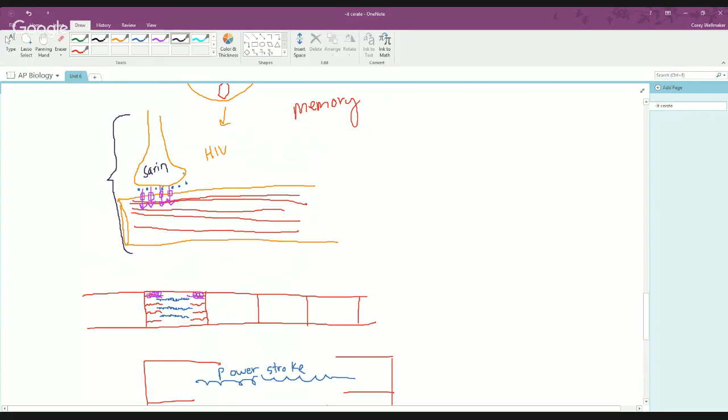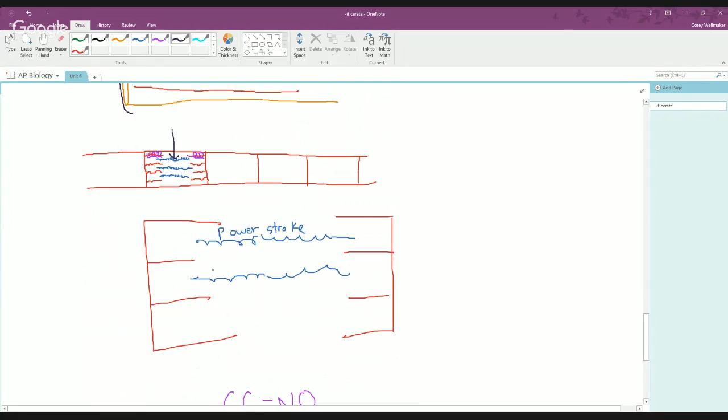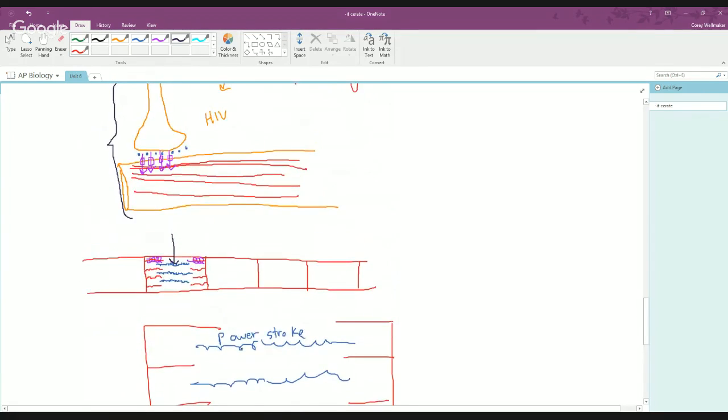It also relates to what we've been talking about just in general in this class, because this is looking at protein form and function, and how the shape of a protein is critical in its ability to do its job.